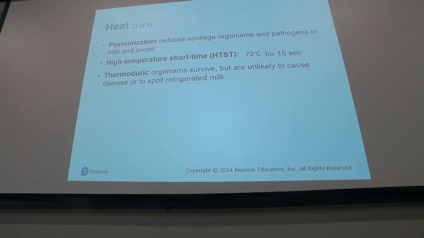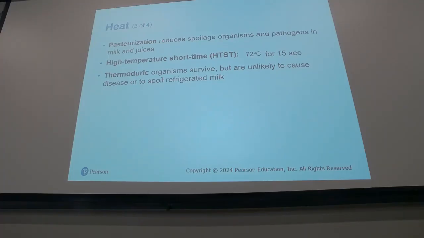Now, another type of heat sterilization is pasteurization. In this process, you have the reduction of microorganisms that can spoil the food, and also pathogens from milk and juices. We have 2 types of pasteurization.